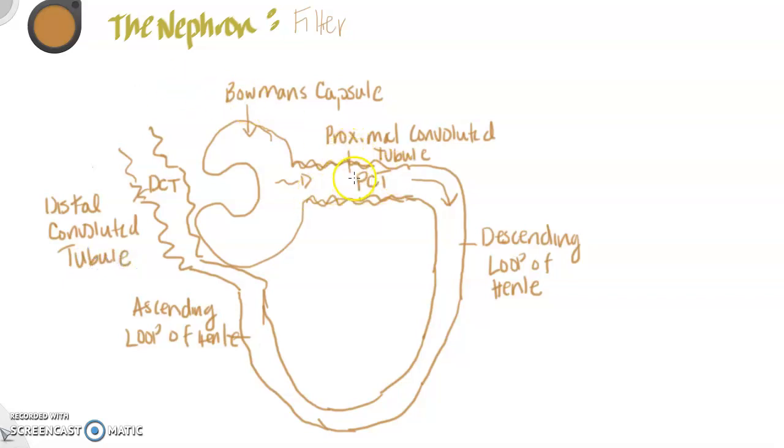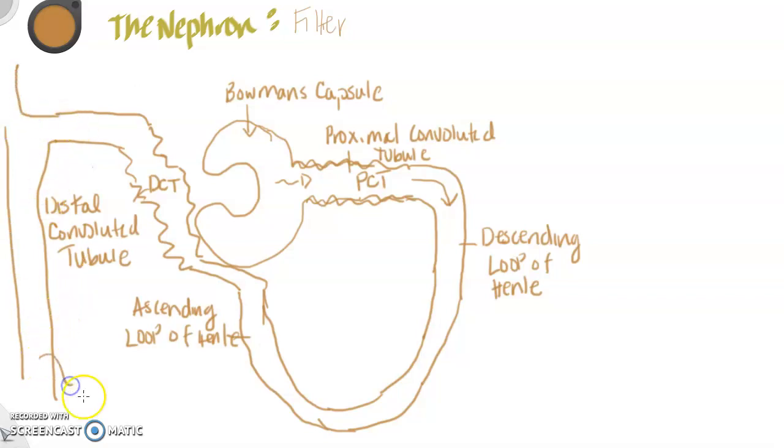And again, it's this convoluted, long tubule that's convoluted around itself. Okay, it's not a straight tube there. And then it goes into the collecting duct.